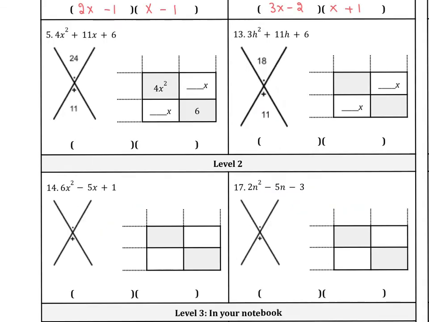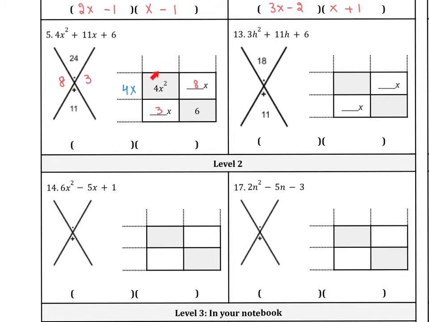Number 5, 4 times 6, 24 goes here, 11 goes here. The two numbers you're looking for are 8 and 3, so 8x and 3x. The GCF of these two is going to be 4x, that goes outside here.